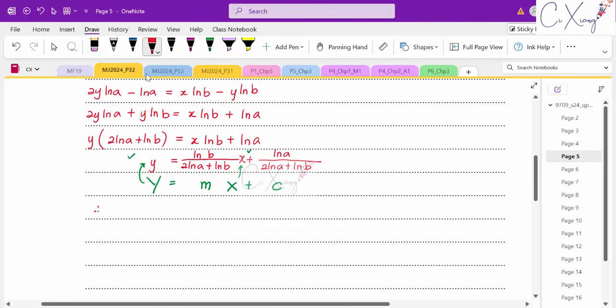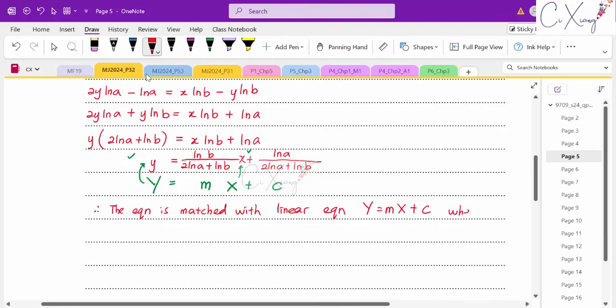Alright, so you can say something like the equation is matched with the linear equation y equals mx plus c.